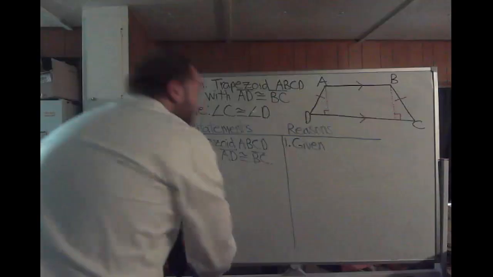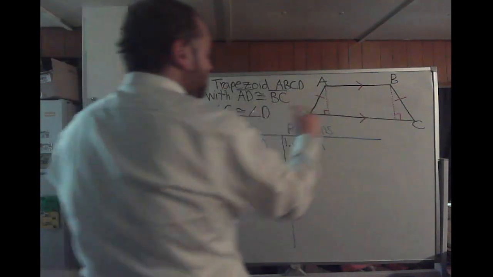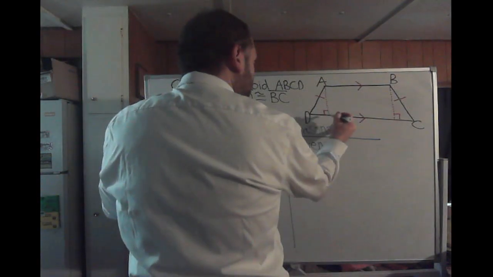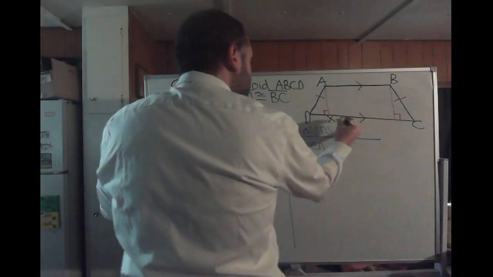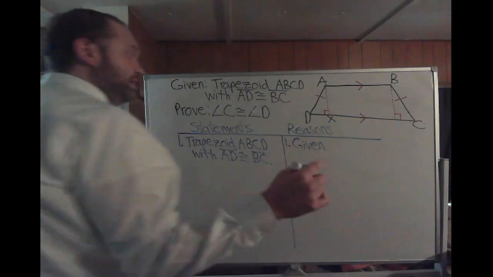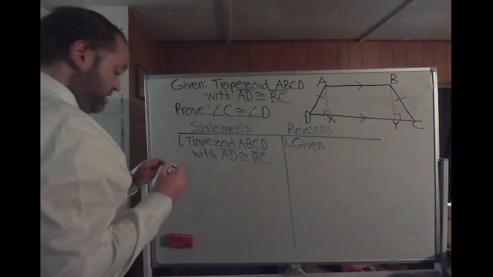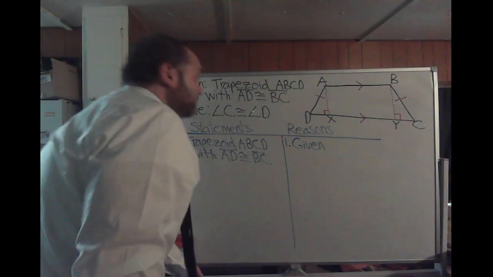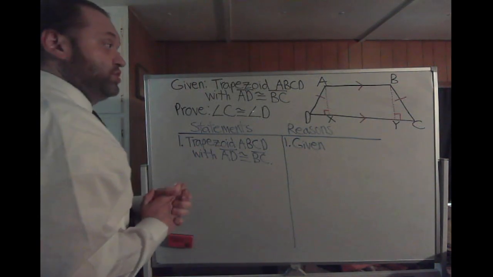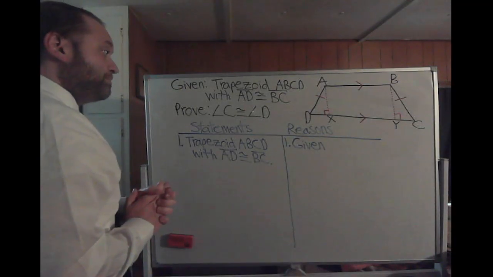We will call the point where A meets CD and is perpendicular to it X. We'll call the point where B meets CD and is perpendicular to it Y. Okay, so now we've actually established two right triangles.